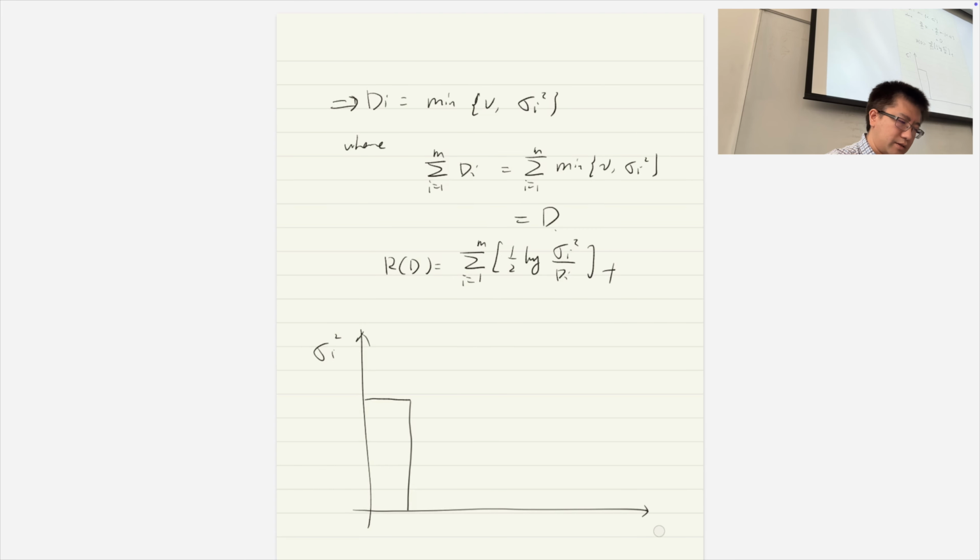Sorry, here's the variance. Let's say the variance distribution is like this. Let's say we have 5 sources, and this is sigma 1 square, sigma 2 square, sigma 3 square, and so on.